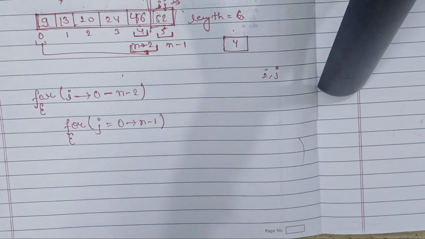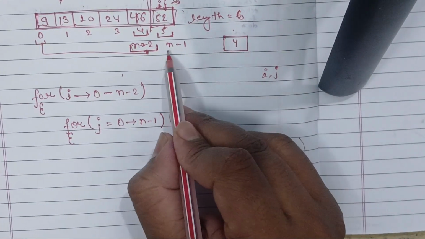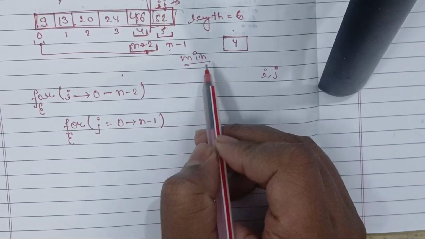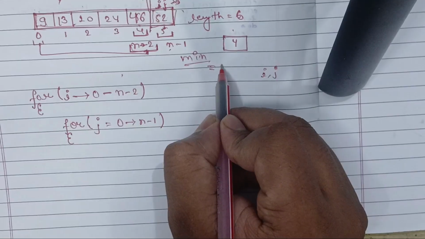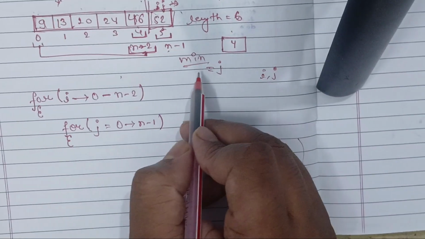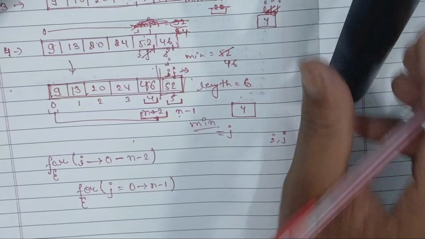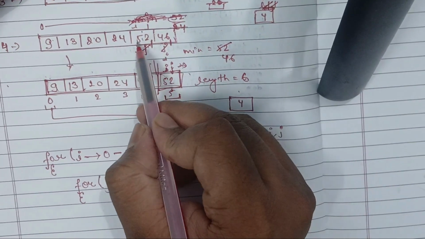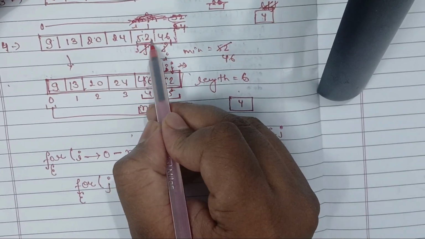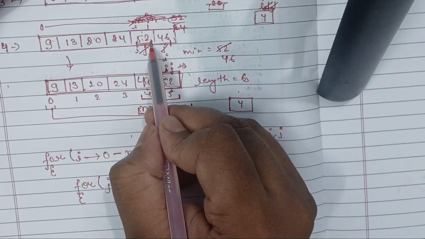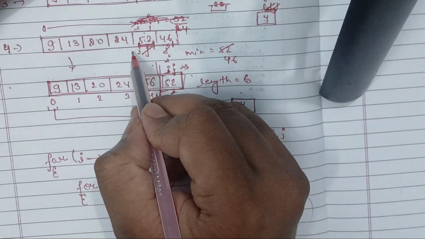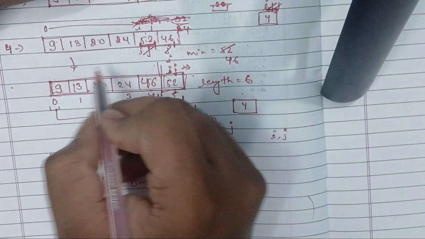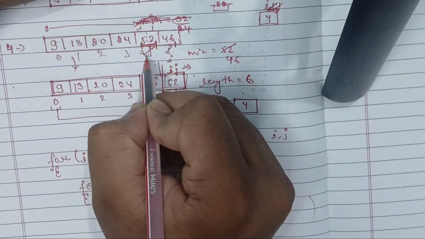Now what was the main logic? We were taking a min variable which was storing the value, or rather the index. I was telling you by showing the element value because you need to understand this first. But in actual programming you need to store the index number, because if you have stored the index number then you can sort it.